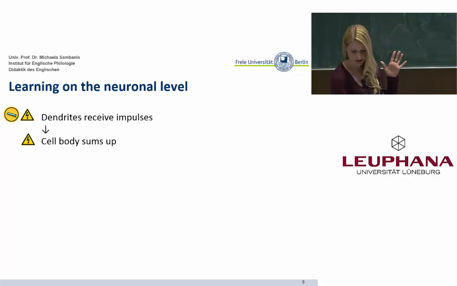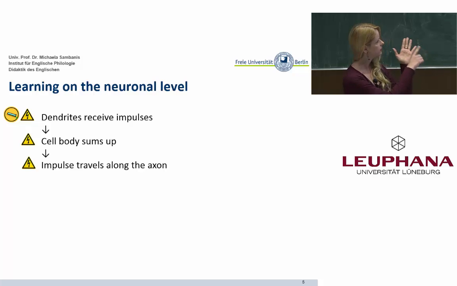The cell body sums up all incoming impulses from numerous dendrites. And in some cases, the cell body generates a so-called action potential and sends it down the axon. Here you can see it. The electrical impulse travels along the axon. And that's how the nerve cell triggers communication with other nerve cells.